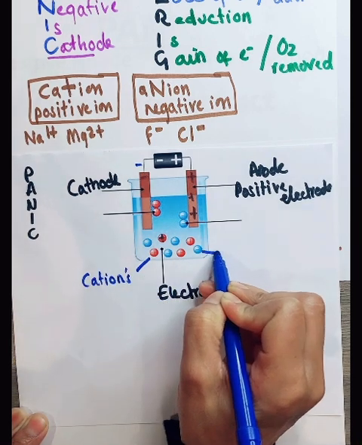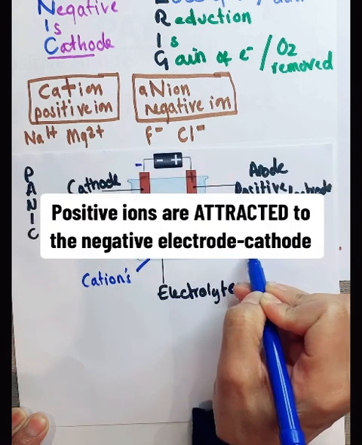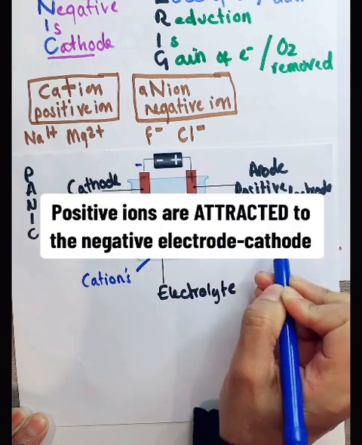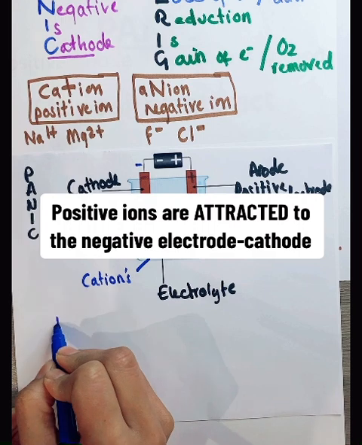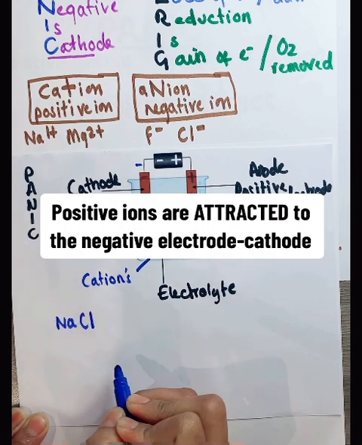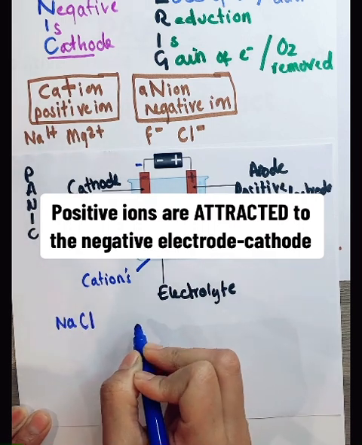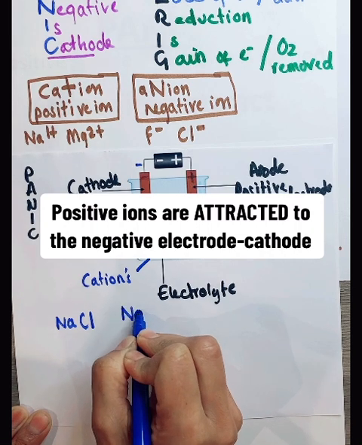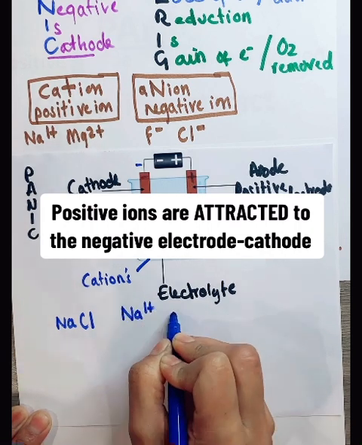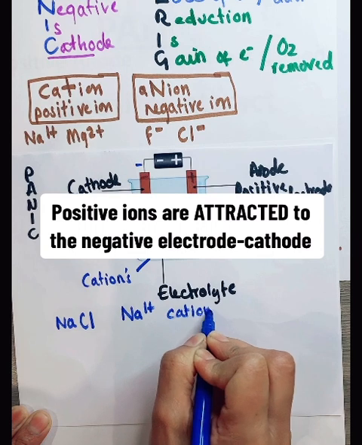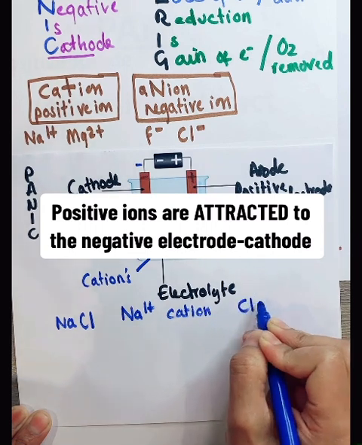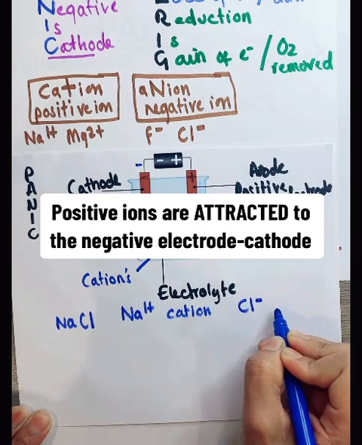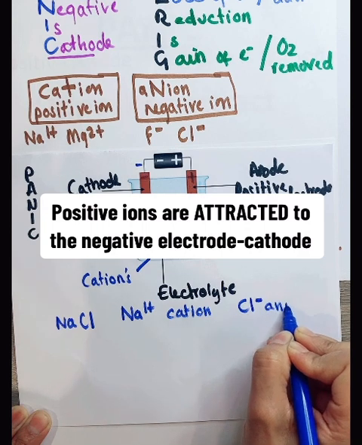And these are negatively charged, so these are the anions. Okay, the example I'm going to give you is sodium chloride. So you should know from bonding, sodium has a +1 charge and it is a cation, and chlorine has a minus 1 charge and it is the anion.